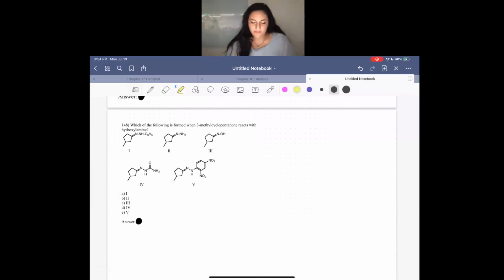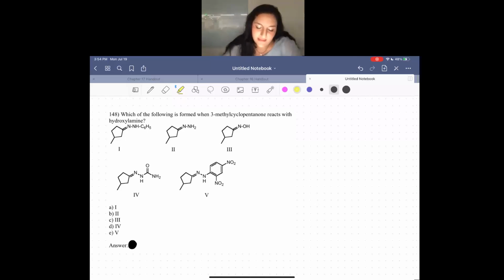Okay, this is a good one. So 3-methyl cyclopentanone. This unknown is what functional group? Ketone, cool.